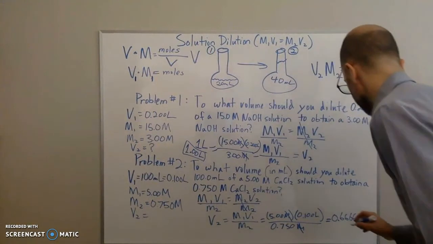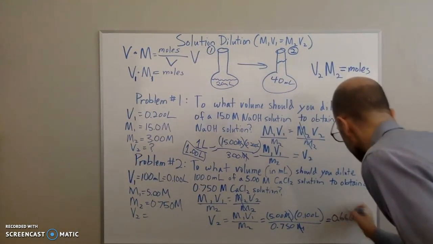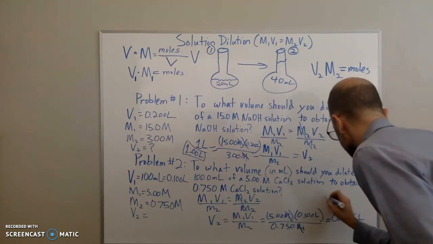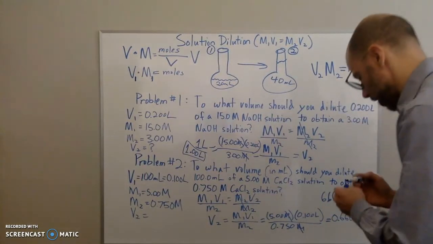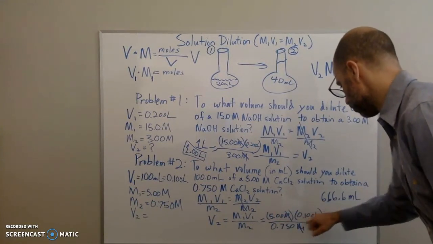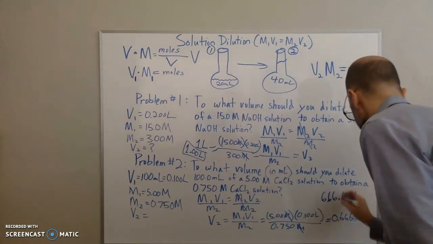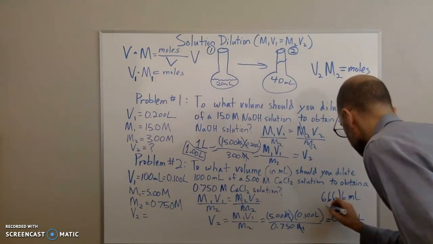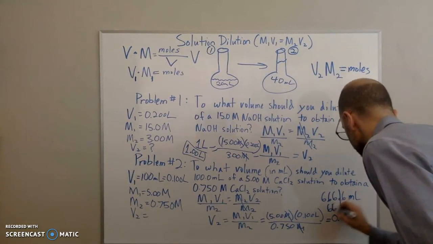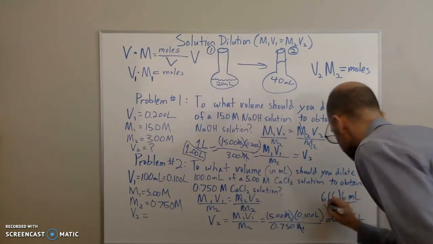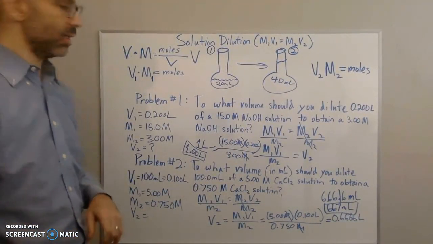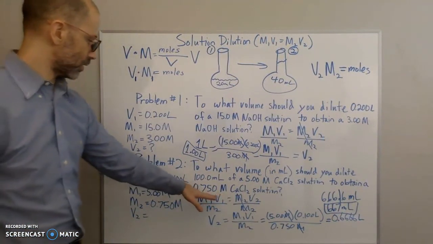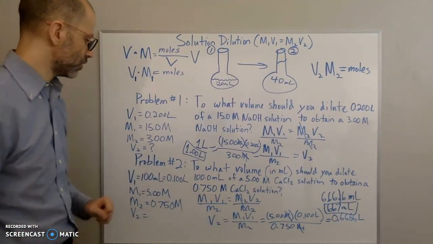So that would be 666.6 and so on milliliters, and then we check our sig figs. We have 3, 3, and 3, so we're only allowed 3 sig figs, so we gotta cut it off there. So our final answer is 667 milliliters. So that's the volume that we need to dilute to get our wanted molarity, 0.750.